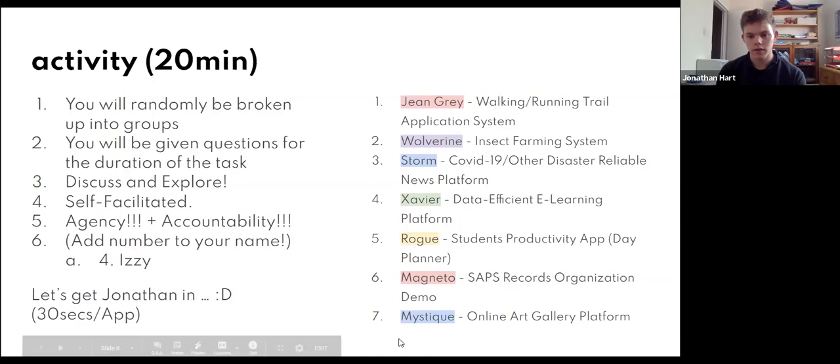On to the next one, Xavier, data efficient e-learning platform. As we've had to move to this online learning model, we've had to resort to watching lecture videos, maybe live or recordings, or going onto YouTube. But that requires quite a lot of data. And as much as we think YouTube would be top of the line and very efficient, it turns out there are actually certain algorithms that are way more efficient.